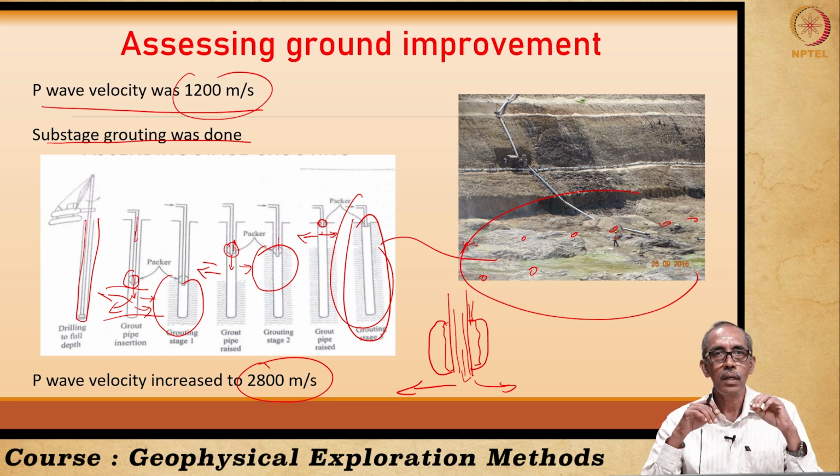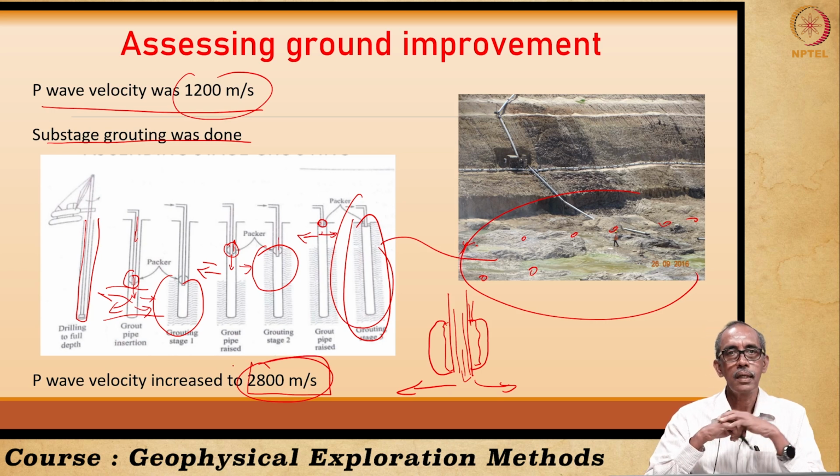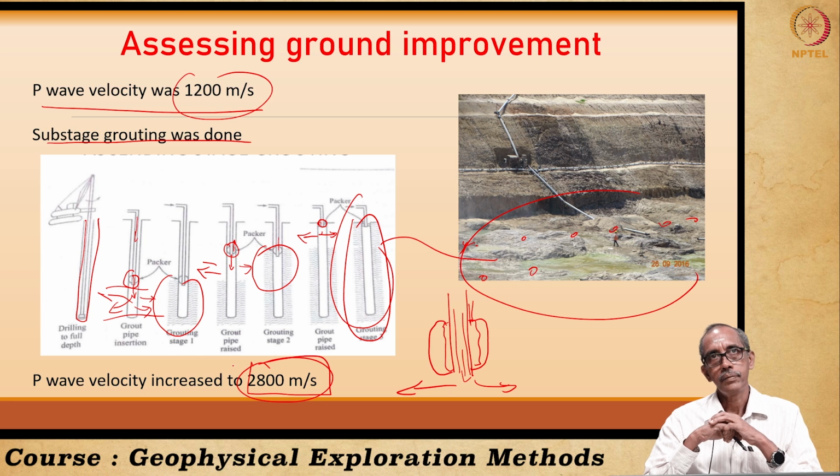That means without ground improvement, the velocity was very low, indicating the rocks did not have sufficient capacity to withstand the major structure that is going to come up here. After improving the ground, the velocity has increased to 2800 meter per second.